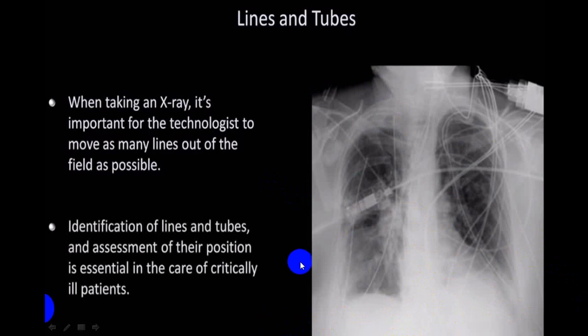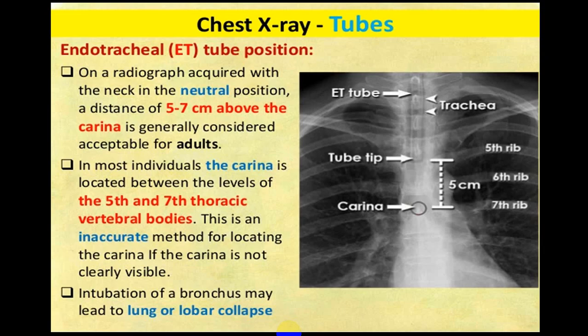When you separate them out properly, you can identify certain lines, tubes, and their positions, which can be very important in a critical patient, because if a tube is not in a proper place, it will help you to redo the procedure and the person can benefit. So try to identify those lines and tubes.